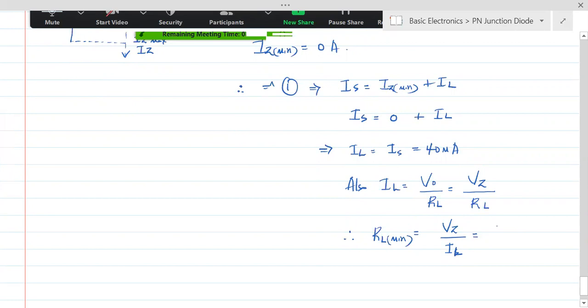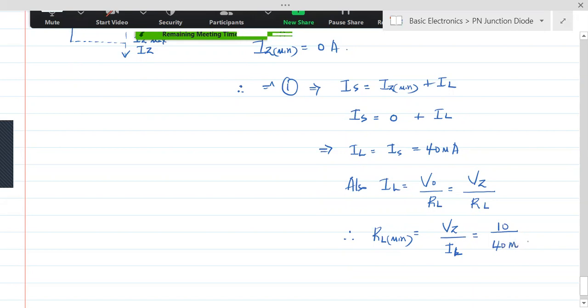What is VZ? VZ is 10 volts. And the IL that we have found here is 40 milli, when IZ minimum is 0.